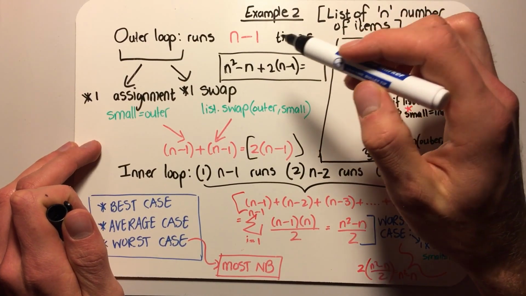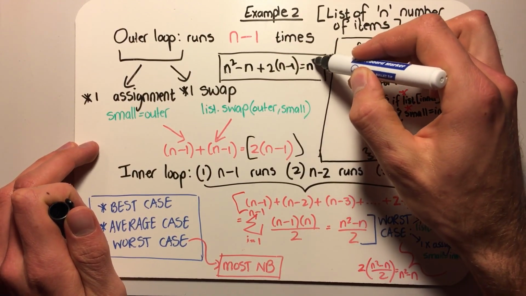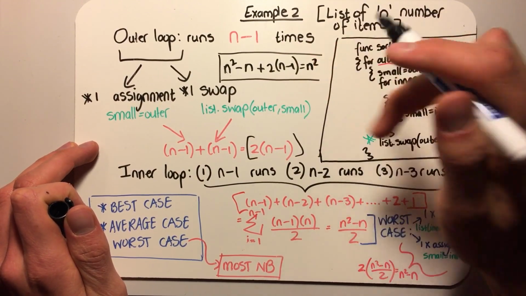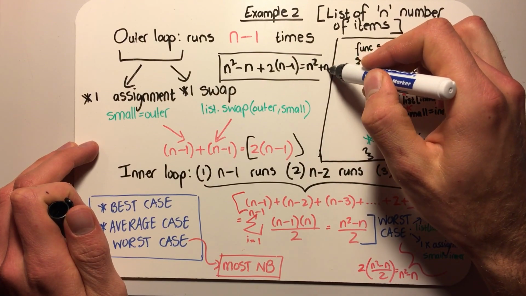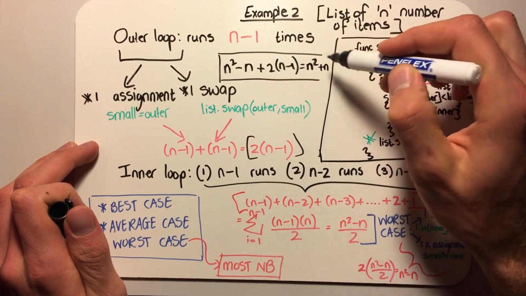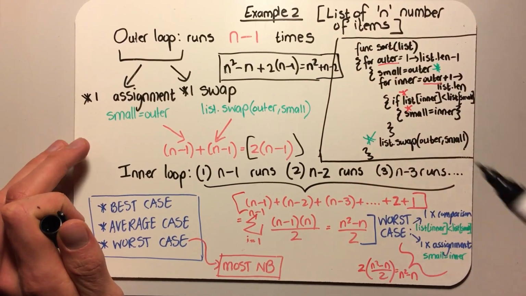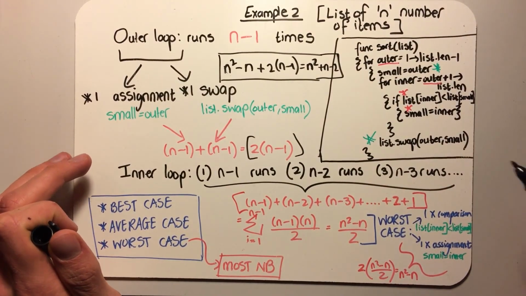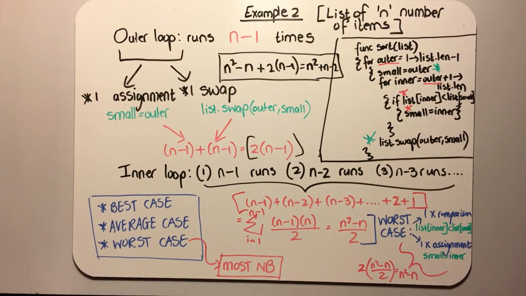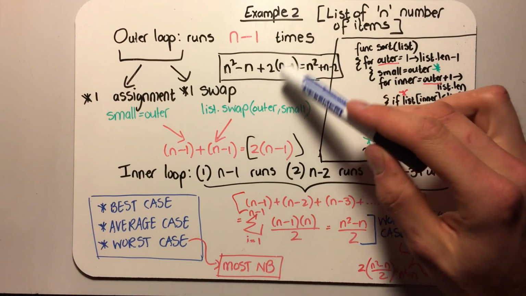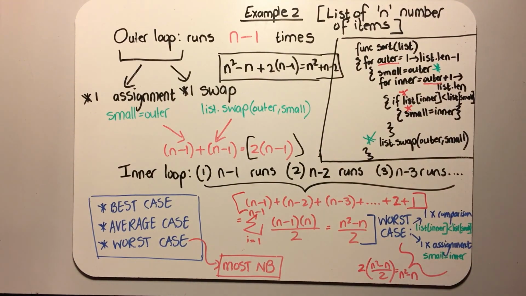And this gives us n squared plus n, and then minus 2. So that is our complexity, which means our complexity is actually O of n squared, because asymptotic complexity says we take the maximum amount that we can.